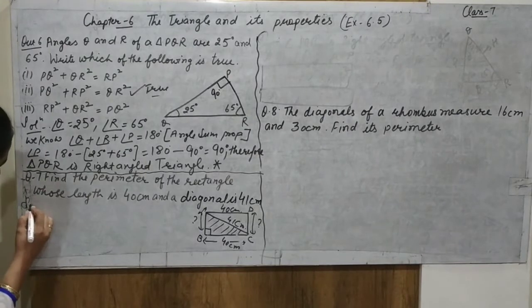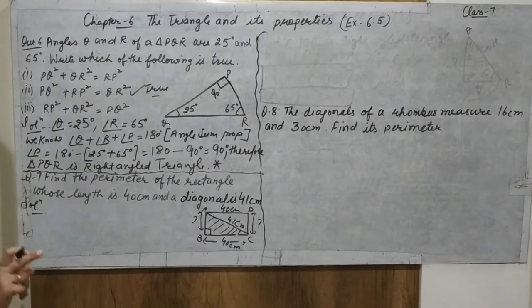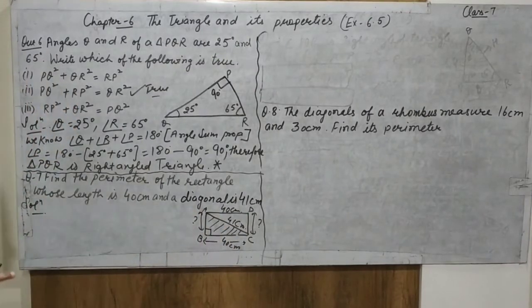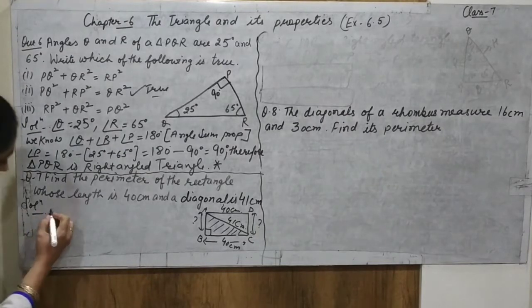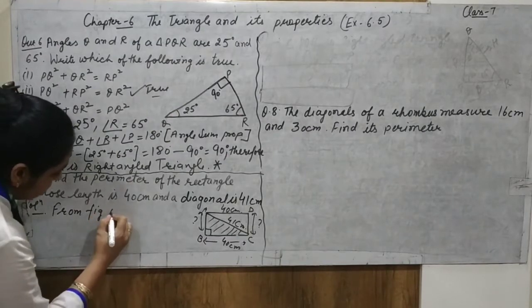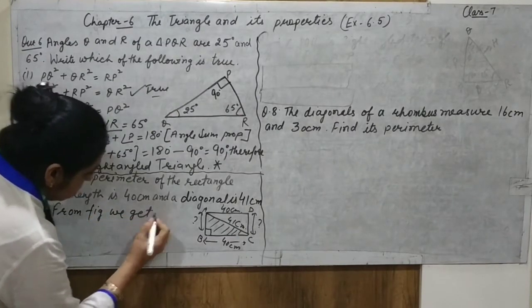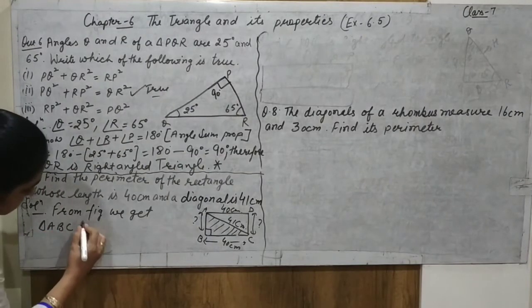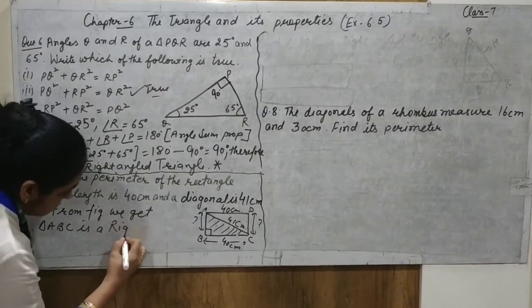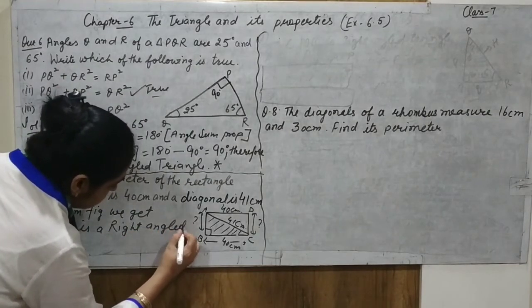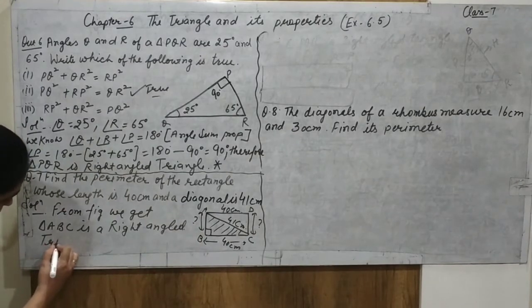Its solution is, first of all, write down that ABC. From the figure we get ABC is a right angled triangle.